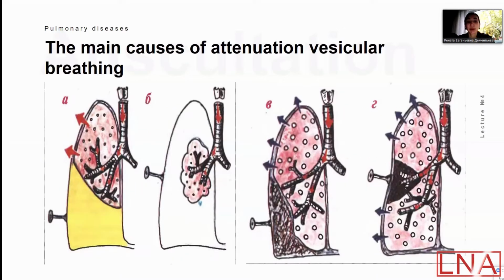And look at this picture. So presence of fluid, hydrothorax, yes, fluid.